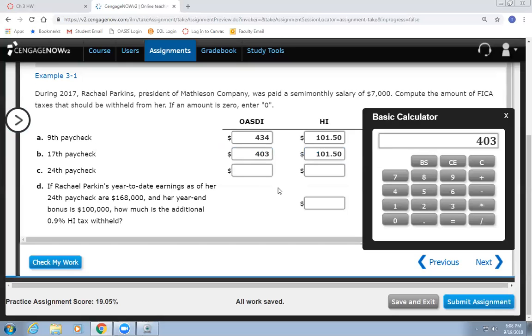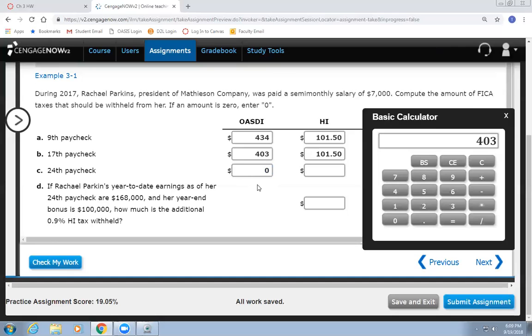Okay, 101.50. Well, we know on this last paycheck, she's now paid all of her Social Security taxes for the year. So on the next one, on C, when we reach her 24th paycheck, there's nothing left that she owes to Social Security. So really from the 18th paycheck for the rest of the year, she's going to have 0 withheld in Social Security.